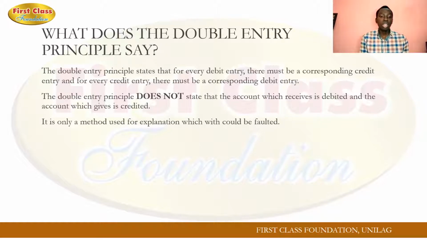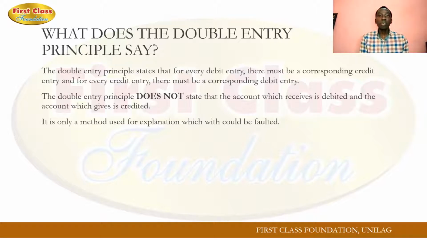That's the truth. And so what we are looking at today is understanding the principle of double entry in a way that as you go on in financial accounting, you'll be able to understand all that will be done. Because the truth is, double entry principle is a fundamental aspect of financial accounting.